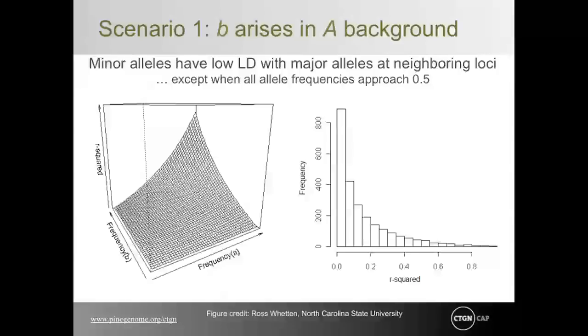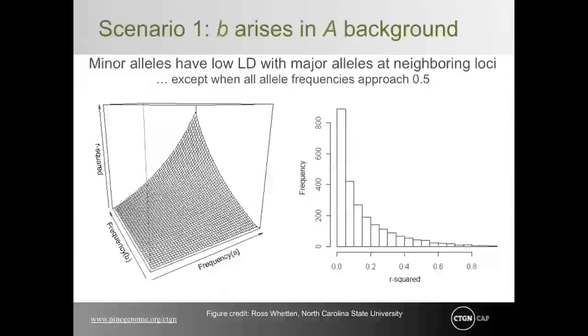The three-dimensional plot on the left side of the slide shows linkage disequilibrium as r squared, calculated using the formula on the previous slide, for combinations of minor allele frequencies ranging from 0.01 to 0.49 for lowercase alleles a and b. This plot shows that LD between alleles uppercase A and lowercase b is highest in the case where the allele frequencies of all four alleles approach 0.5, producing a peak at the back corner.